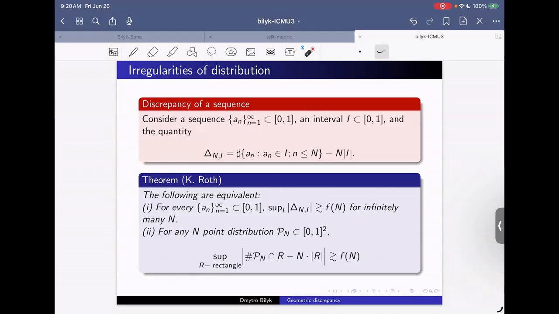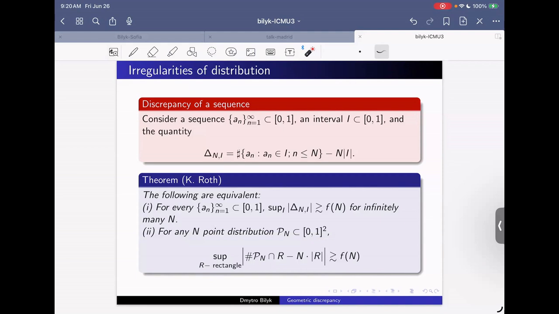It's actually equivalent to the problem for fixed point sets in 2 dimensions. So here are the sequences in 1 dimension, and now we have point sets in dimension 2 on the unit square. Okay. The idea of this is the following.